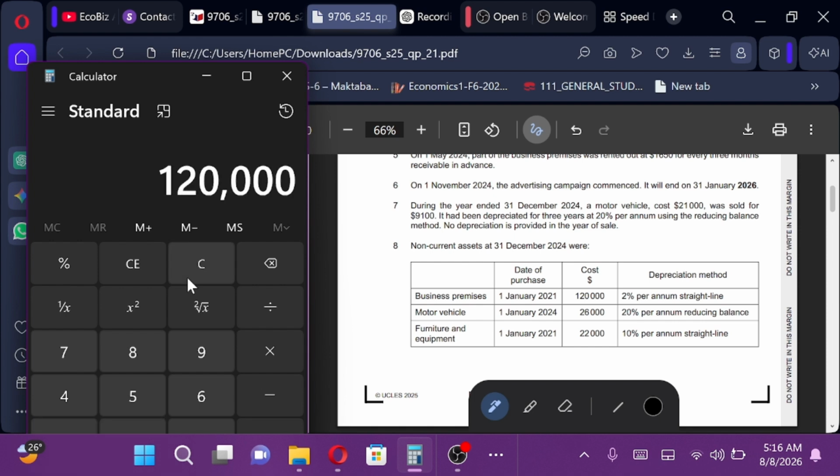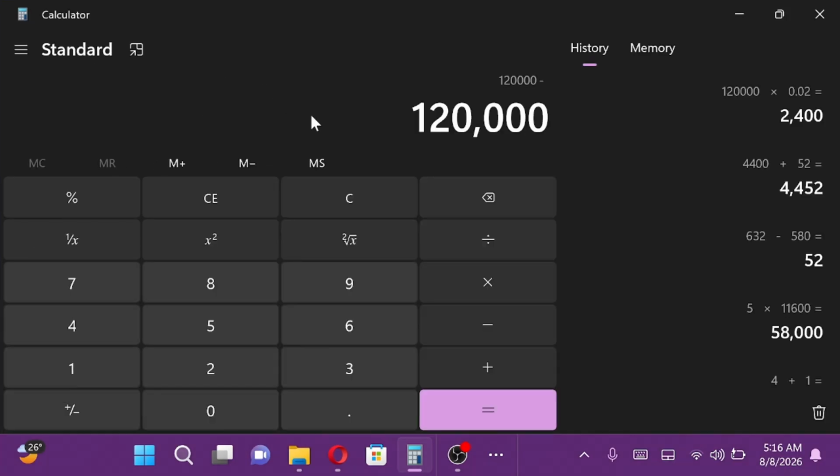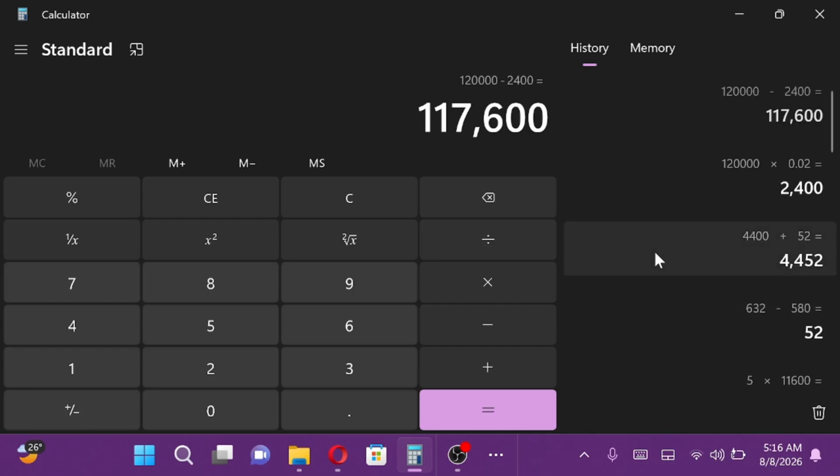If we were doing reducing balance method, for 2022 we take 120,000 minus this 2,400 right here. We get this amount. Now this amount, we will times by 2%. Hopefully you're following with me.